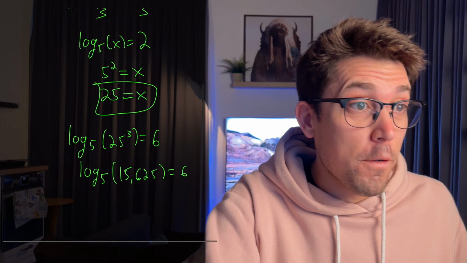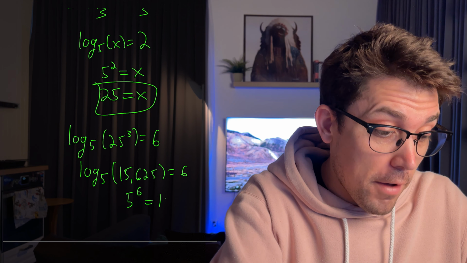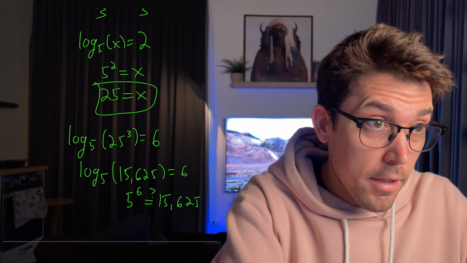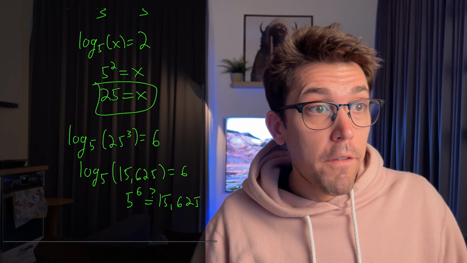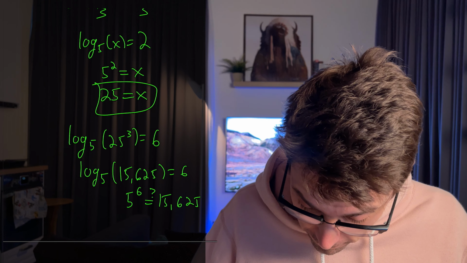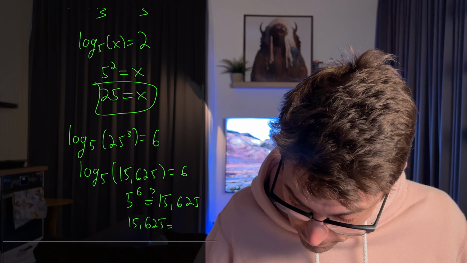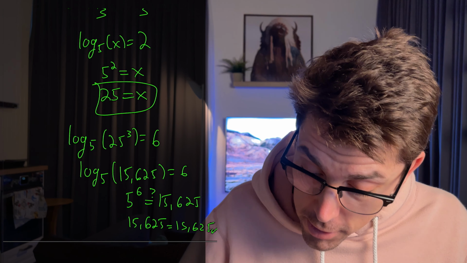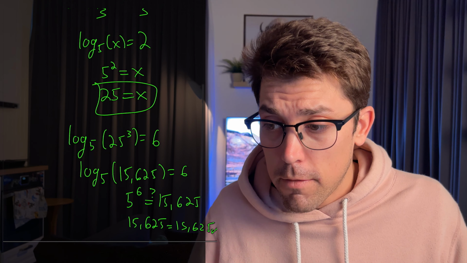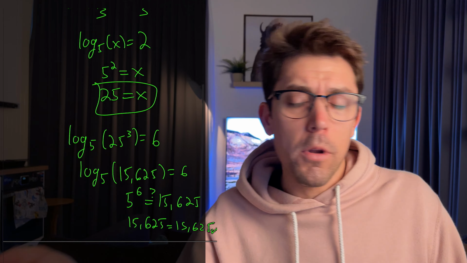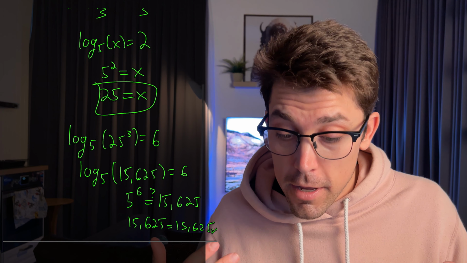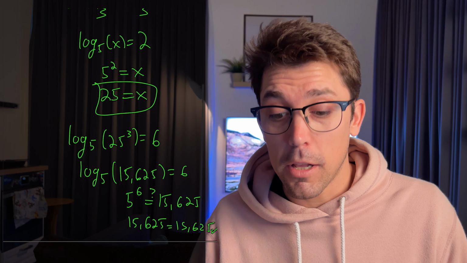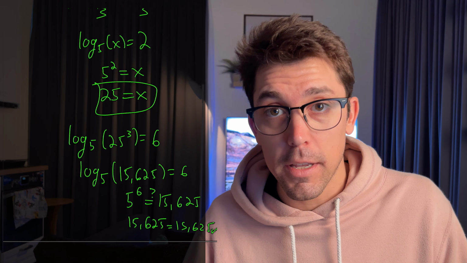Well, I'm going to go over to my calculator here, and I'm going to go 5 times 5 times 5 times 5 times 5 times 5. 15,625. 15,625 equals 15,625. We are all set. Boom, there it is. So hopefully this shed a little bit of light onto why you can just take an exponent and kick it out in front as a coefficient. There is a method to the madness, I promise, and hopefully some of these example problems helped clarify how to use it effectively and properly.